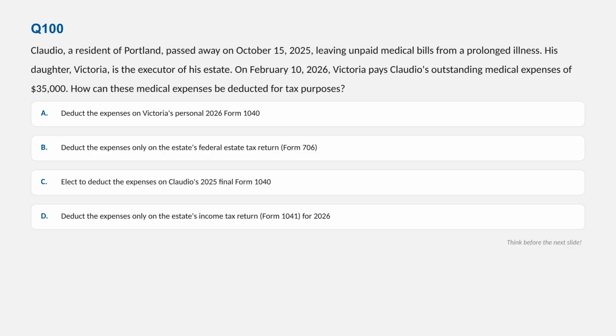A. Deduct the expenses on Victoria's personal 2026 Form 1040. B. Deduct the expenses only on the estate's federal estate tax return, Form 706. C. Elect to deduct the expenses on Claudio's 2025 final Form 1040. D. Deduct the expenses only on the estate's income tax return, Form 1041 for 2026.